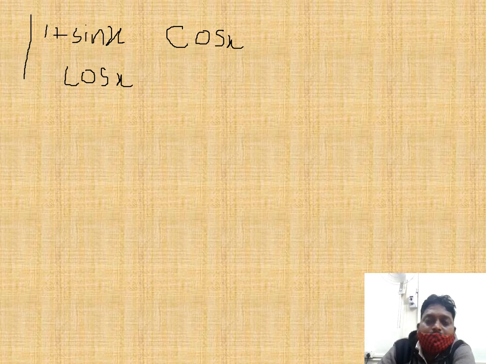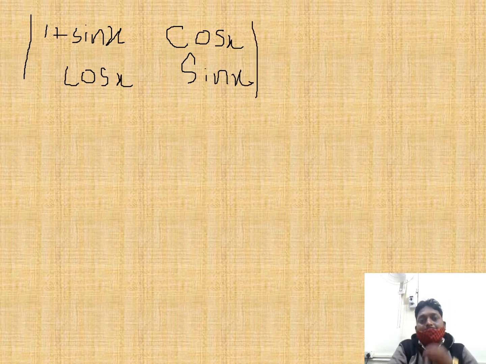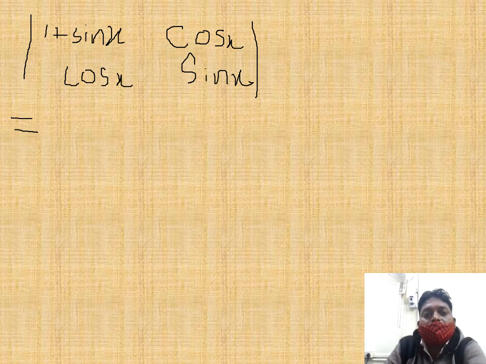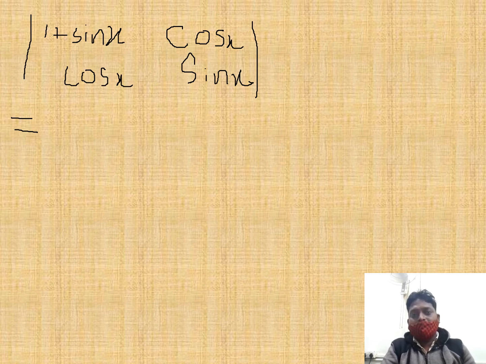And the last one, the C22 position, is sin x. Its determinant is asked; find the maximum value of the total determinant. Here A is 1 plus sin x, B is cos x, C is cos x, and D is sin x.